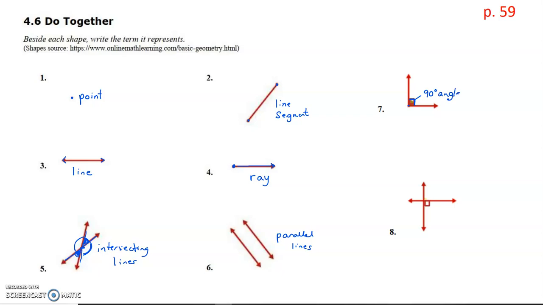So we can see that by that box there. And we also see a 90-degree angle in number 8, where we see these 2 lines intersecting. So if 2 lines intersect and form a 90-degree angle, these are called perpendicular lines.